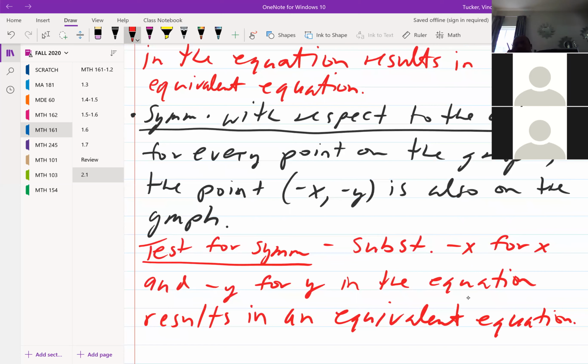All right, symmetric with respect to the origin: for every point on the graph, the point (negative x, negative y) is also on the graph. To test this for symmetry, we're going to substitute in negative x for x and negative y for y, and the result should be an equivalent equation.